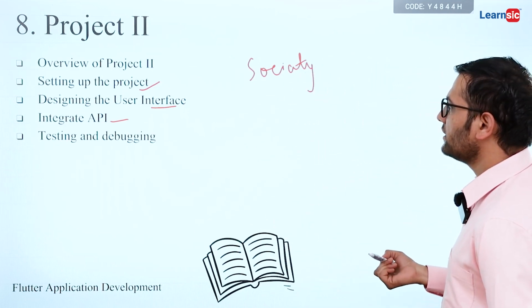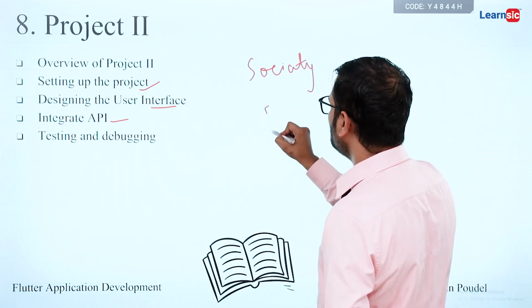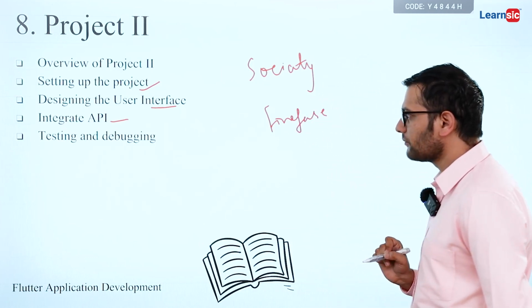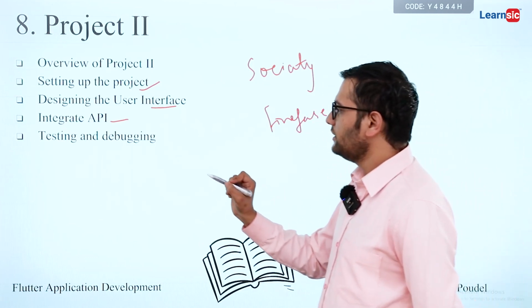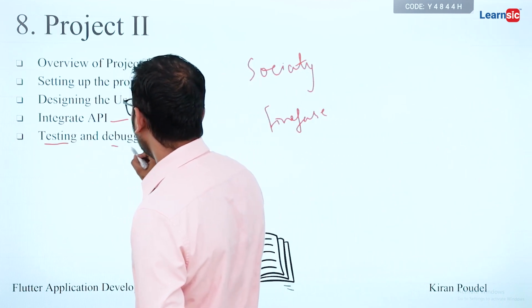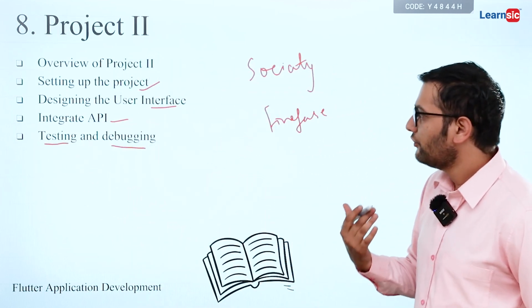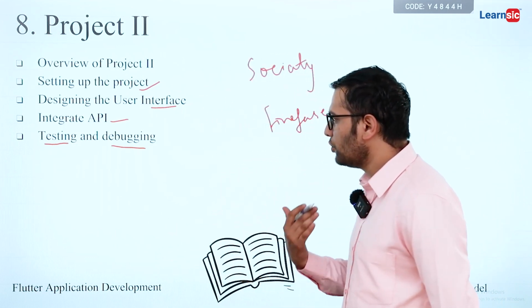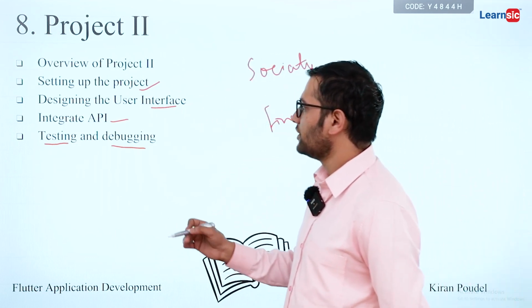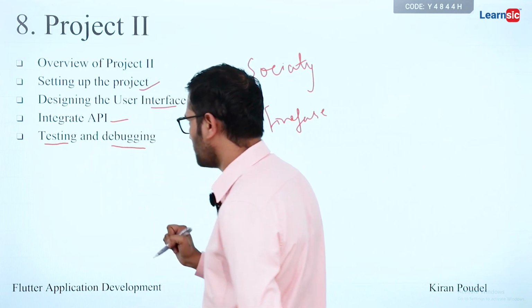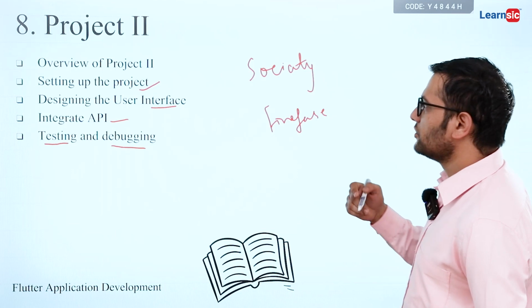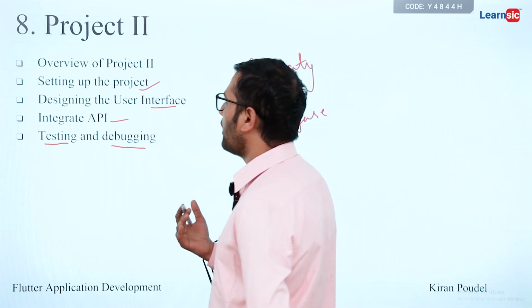While integrating this API, we are going to use Firebase as a backend server. At last, we are going to test and debug this application as well. And if we face any issues in this application, we are going to resolve those issues in the testing and debugging section. And by doing all of these things, we are going to wrap up our course.